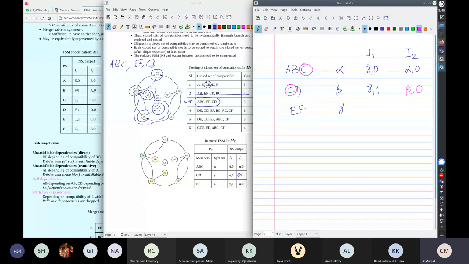So if you look at this, we are really splitting C into two states.